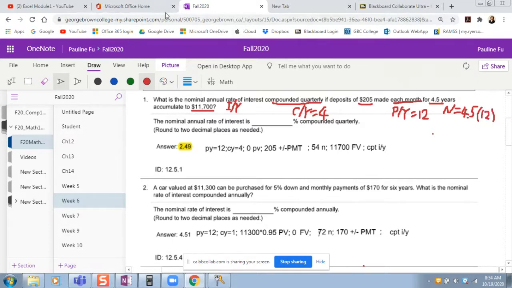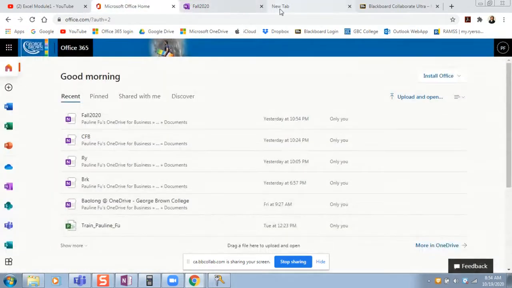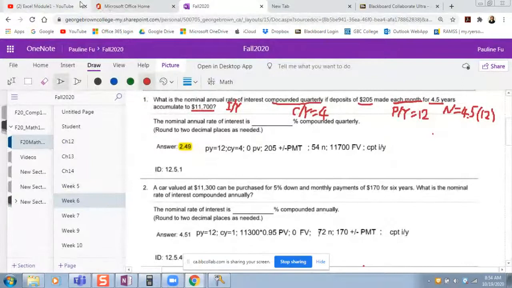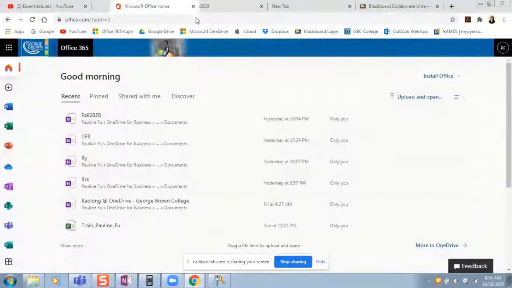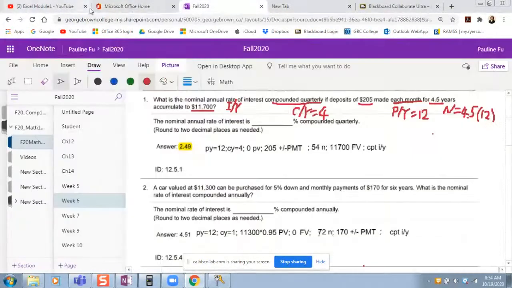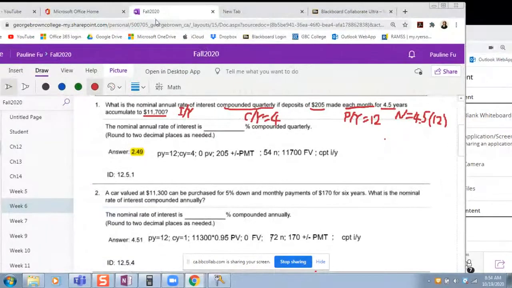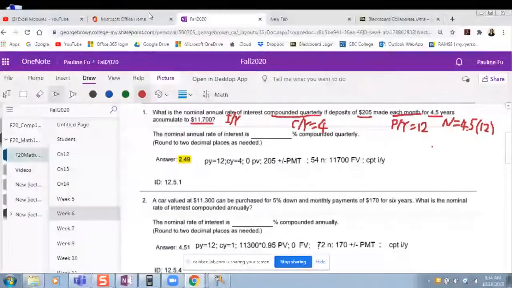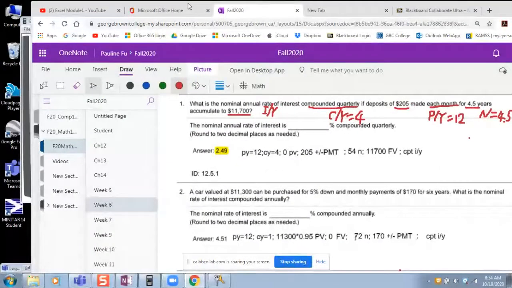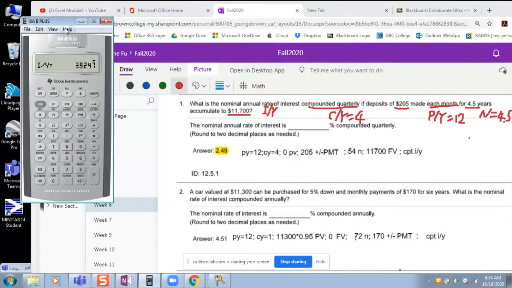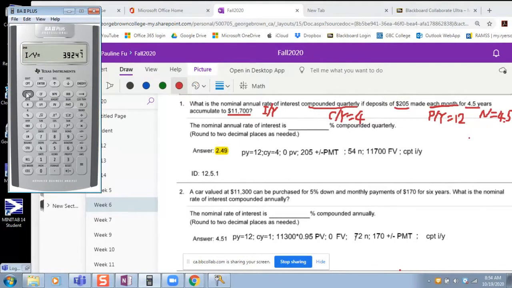So I have to use the calculator. I want to calculate 4.5 times 12.